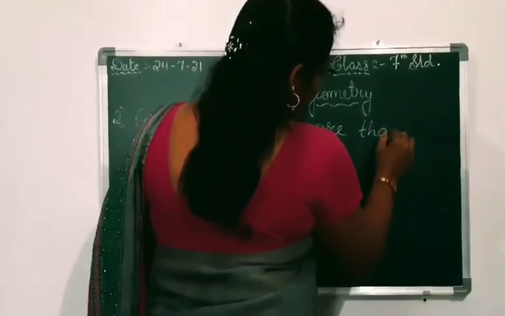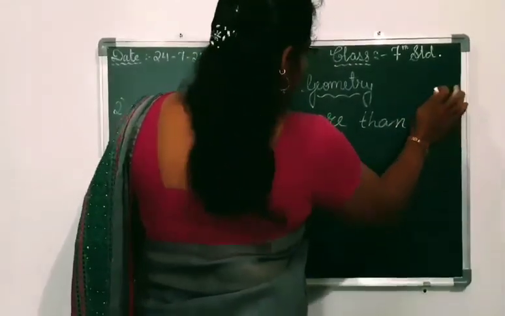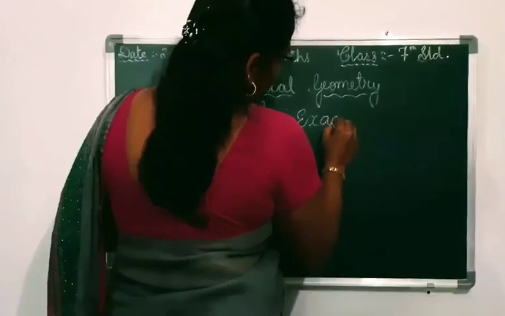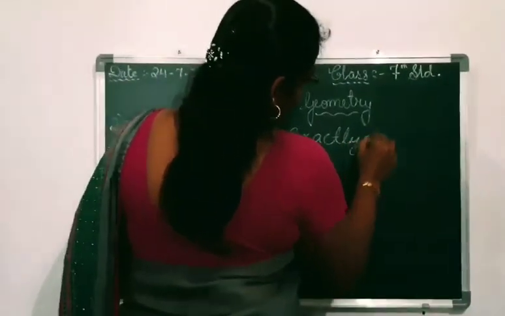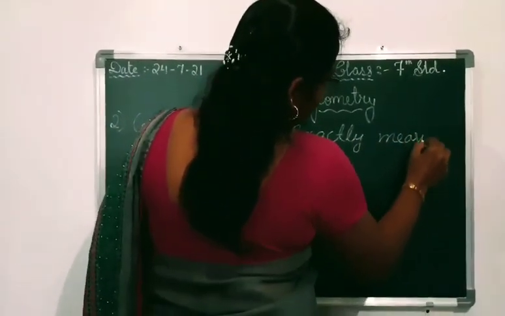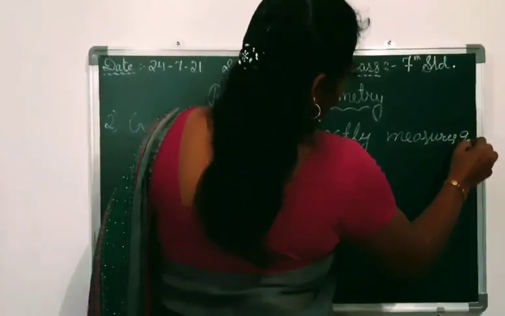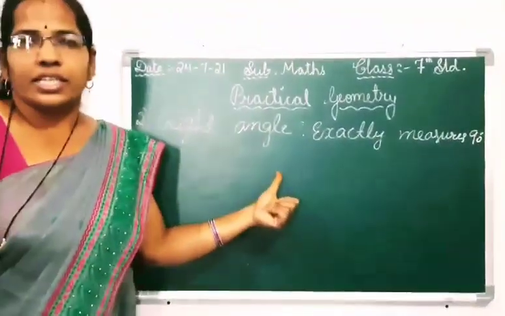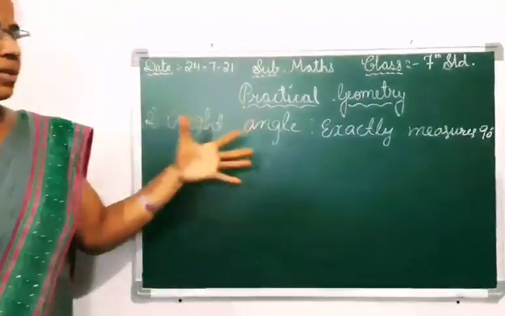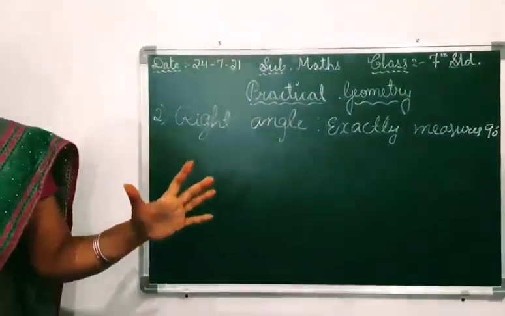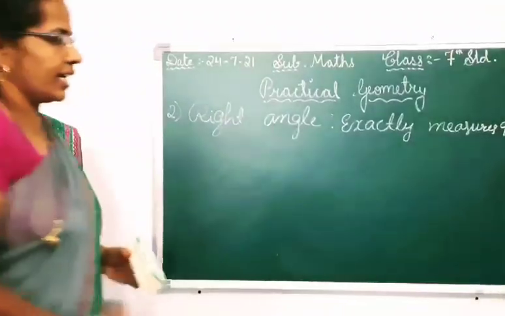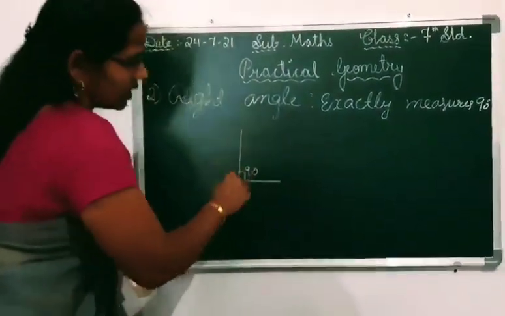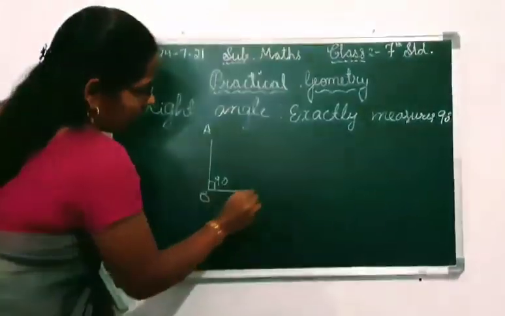Sorry children, right angle exactly measures 90 degree. Right angle, it's very easy children. Right angle exactly measures 90 degree. That is known as a right angle. Examples are very easy. This is an example for a right angle.